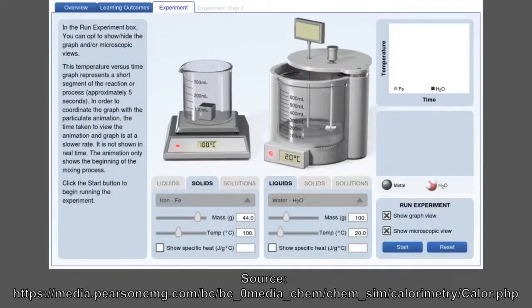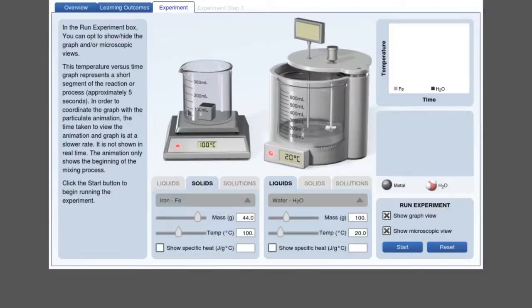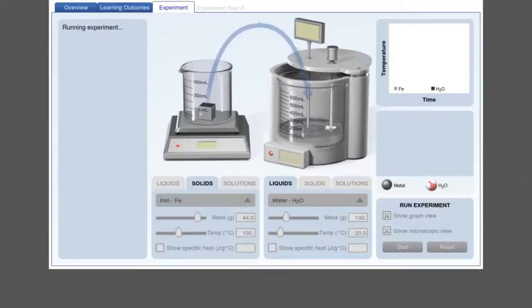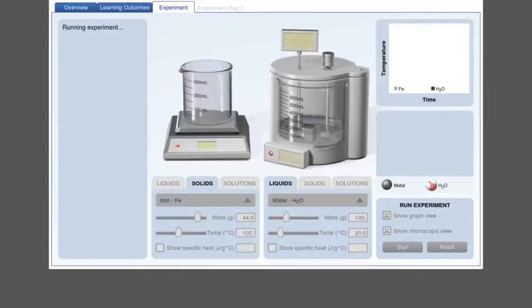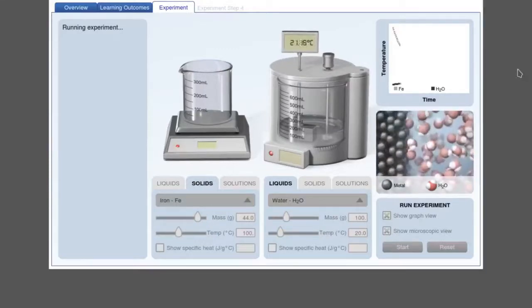So here is a simulation of the experiment we're about to do. On the left-hand side, we have a hot metal block. On the right-hand side, we have water at approximately room temperature, 20 degrees Celsius. And we will now transfer that hot metal block into the room temperature water and look at the temperature of the water.